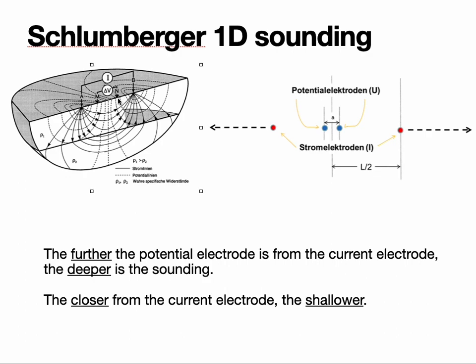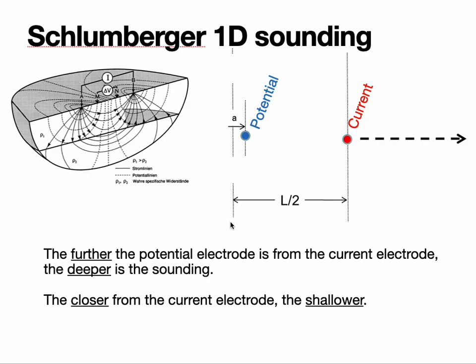But if you measure the potential very much away from the current electrode, then you start feeling the electrical field that is associated with transfer of current at depths. That's a very important relationship. The closer to the source, the shallower, and the further away from the source, the deeper.